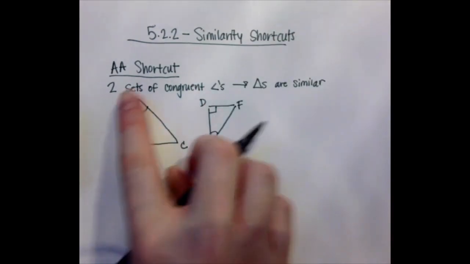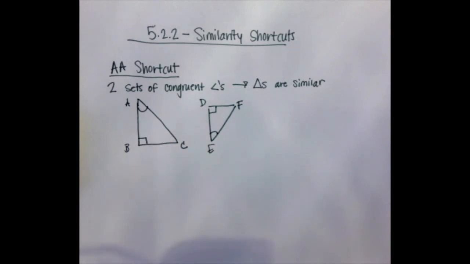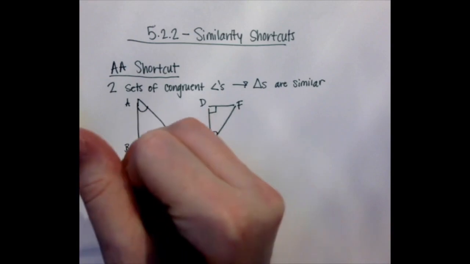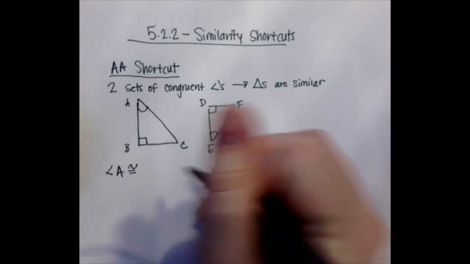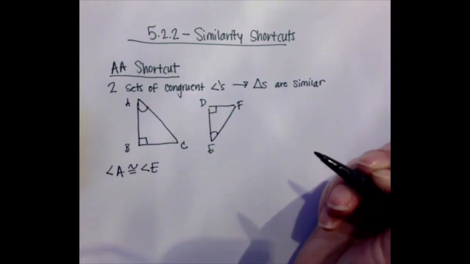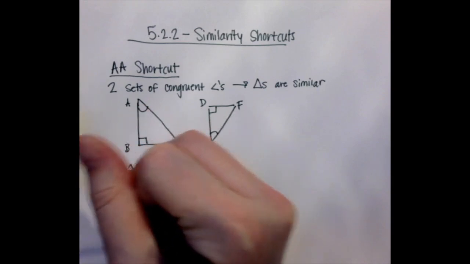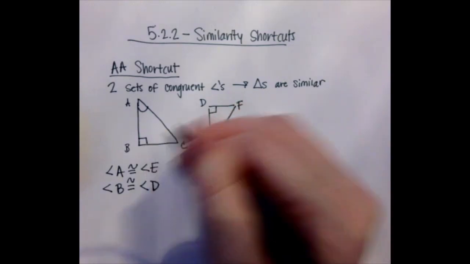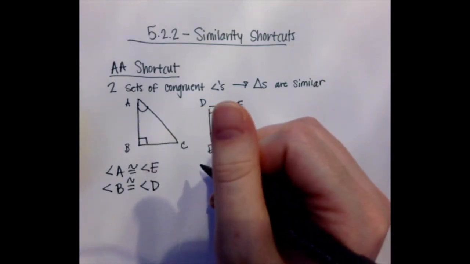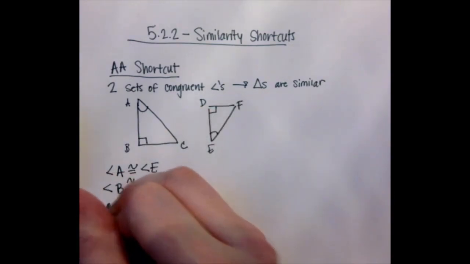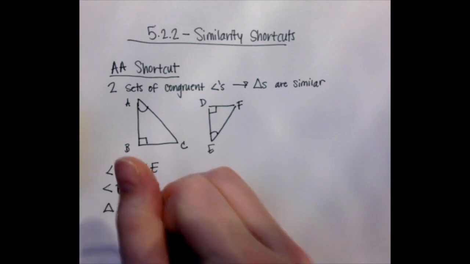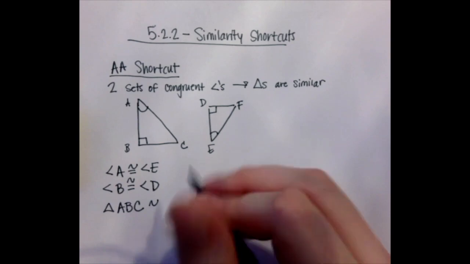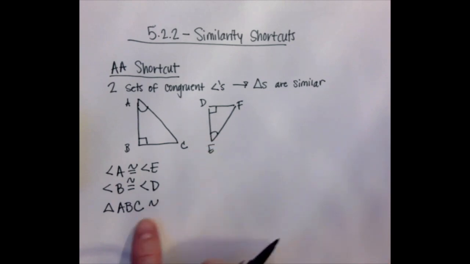And so using the angle-angle shortcut, you basically just have to see that because angle A is congruent to angle E, and angle B is congruent to angle D, because they're both right, then we know that triangle ABC is similar, and then you have to make sure you're lining up the correct sides.